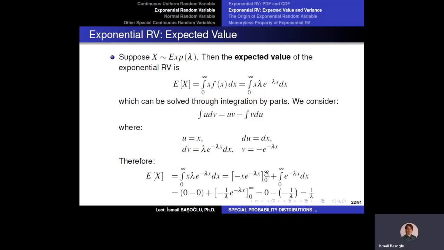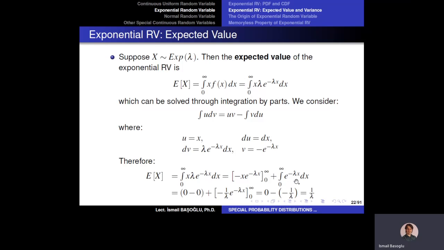Because of that reason, when you plug in infinity values, this part is going to be 0. And if you plug in 0 value, again, this part is going to be 0 and this part is going to be 1. And again, you are going to get a 0, which means from this part of the integral, you are going to get nothing. It is going to be 0 minus 0 simply. So all that remains is this part.